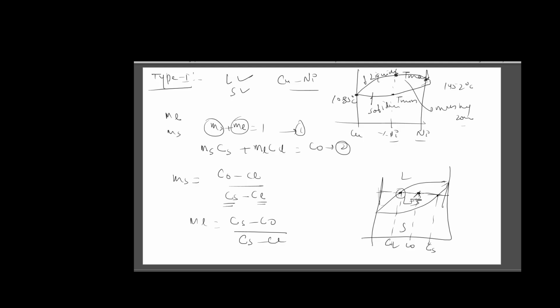So these are the things that you have to remember. Mushy zone is a characteristic of a particular alloy. What it means is that if a particular alloy shows a particular kind of mushy zone, and the extent of the mushy zone is larger, then the fluidity of the liquid metal will be lesser.